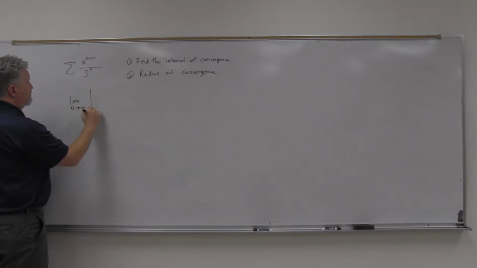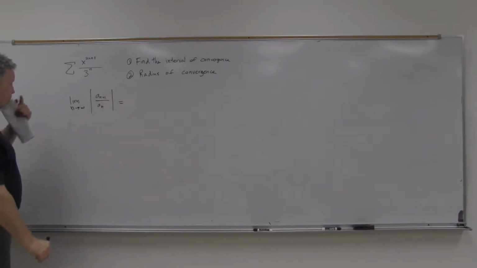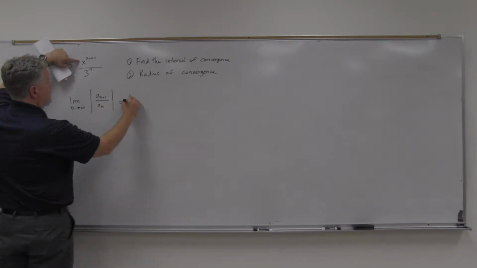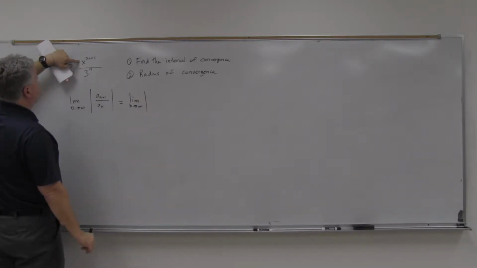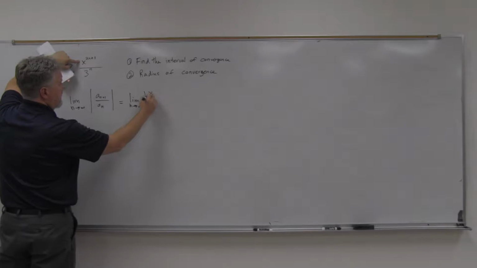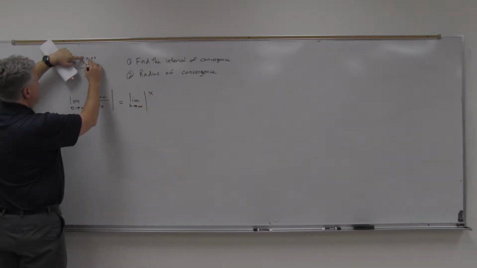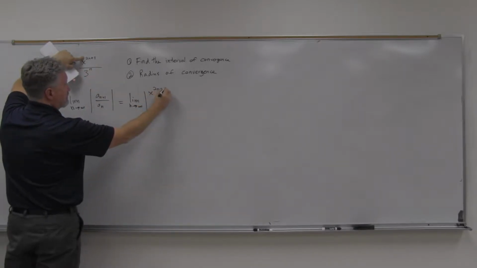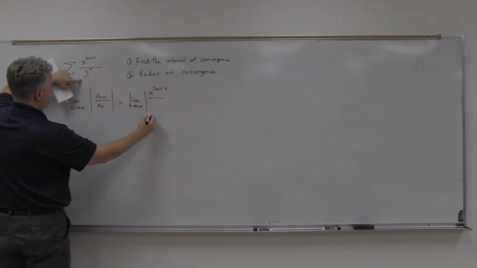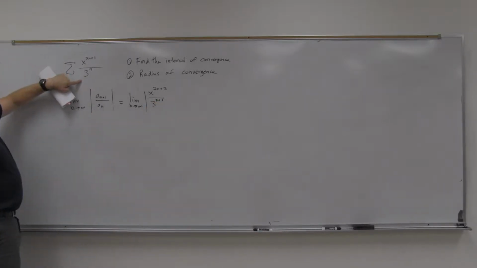And so that would give me the n plus 1 term would be x to the what? That would be 2 times n plus 1, 2n plus 3, I believe. And the n plus 1 term there would be 3 to the n plus 1. I believe is what we get.